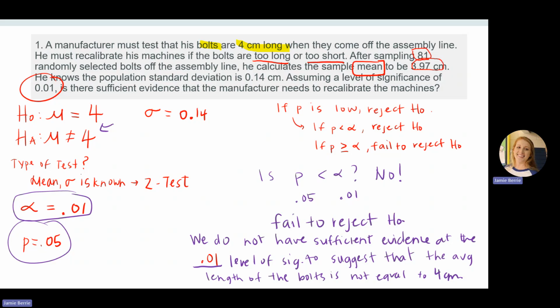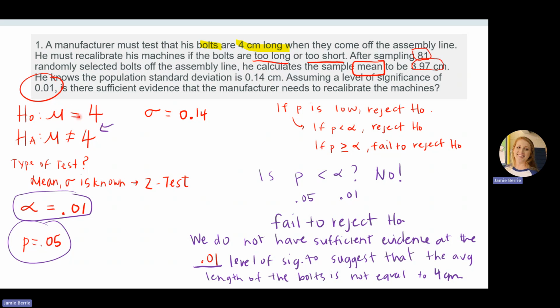All right, so let's talk about what this means. I'm going to try not to bore you too much, but I do want to talk about how we would interpret this. So this is our interpretation sentence. But what does this interpretation sentence mean? It just means that based on the evidence that we have at our disposal, so the 81 randomly selected bolts, their sample mean, and the population standard deviation, based on all of that information, we do not have enough evidence to disprove this null hypothesis.